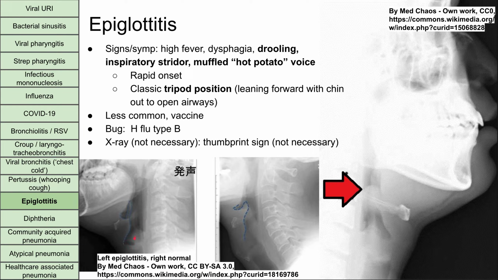It's that darker section, and this is the epiglottis that's inflamed. So there's epiglottitis on this side, whereas a normal epiglottis is a little bit smaller. So you can see that leads to a more open windpipe in the normal case. In epiglottitis, it's a little bit bigger. It's more likely to obstruct. This is another picture of the thumbprint sign, essentially a lighter patch of inflamed epiglottis on that X-ray.